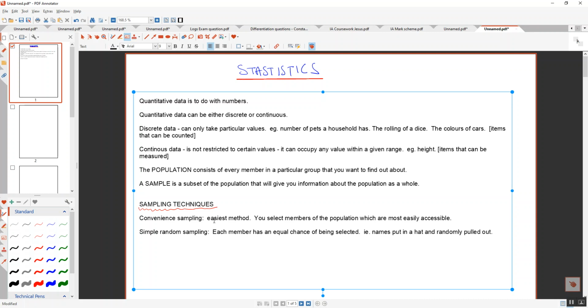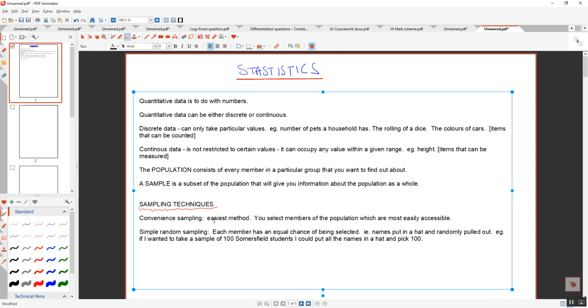So if I wanted to take a sample of 100 Summersfield students, I could put all the names in a hat and pick 100. Does that make sense?